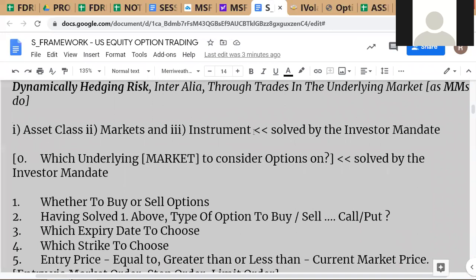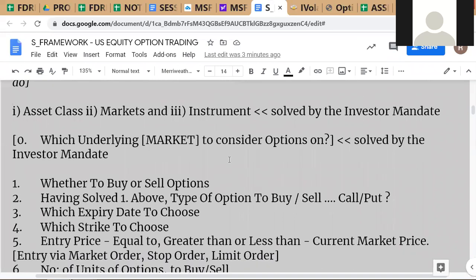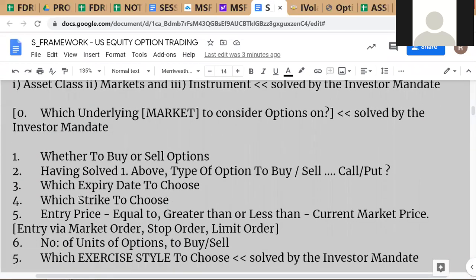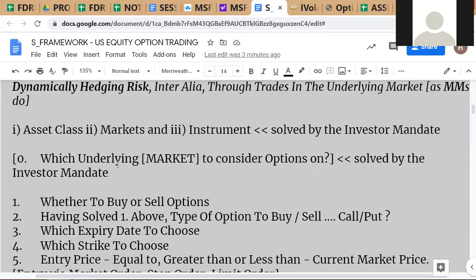These three are solved by the investor mandate. Okay, that is clear. Now let's just go to the investor mandate. Let's go to number 5. The underlying market is solved by this part, second choice of market. Instrument is options.